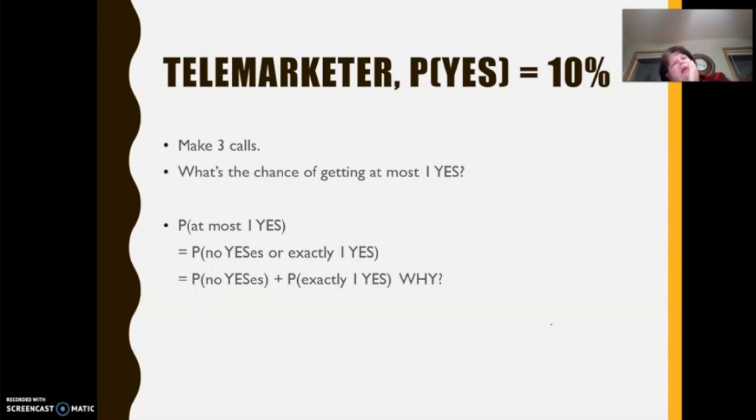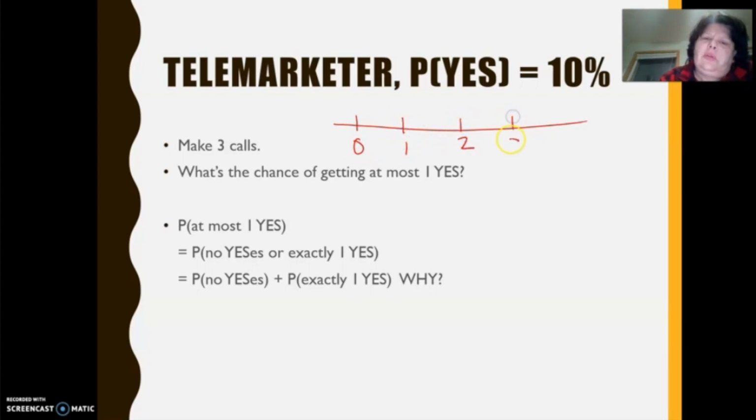So let's make 3 calls and find the chance of getting at most 1 yes. Now what's going on with this? If you're calling 3 people, you can get 0 or 1 or 2 or 3 yeses. And you want at most 1 yes. At the most, you want 1. So that's this and this.